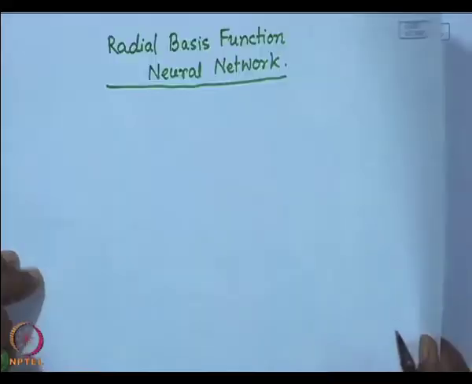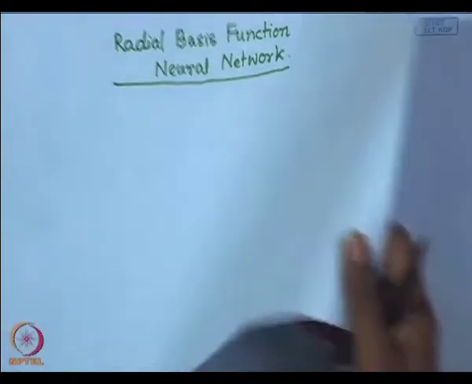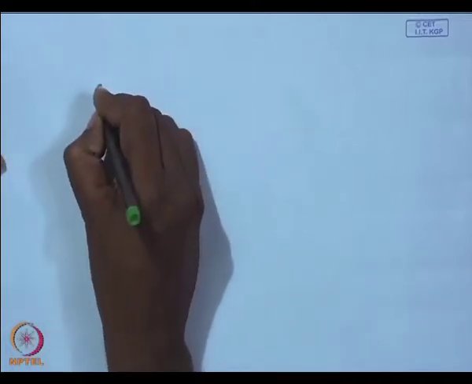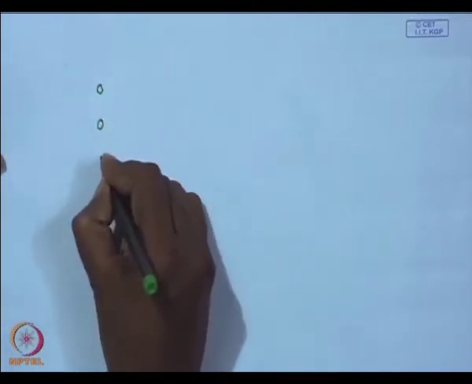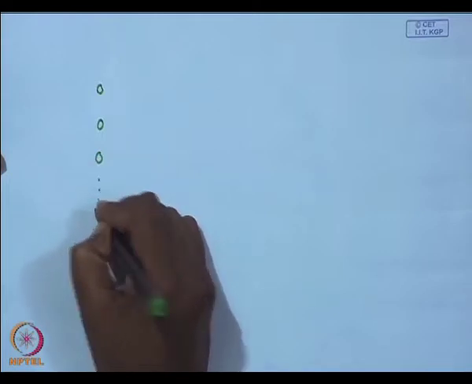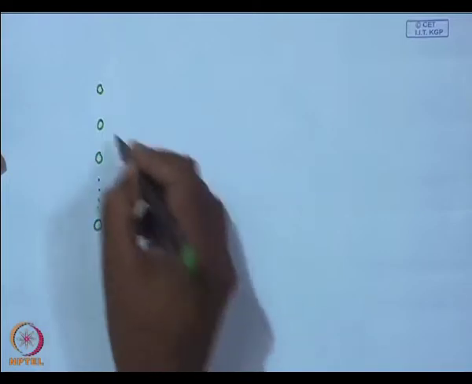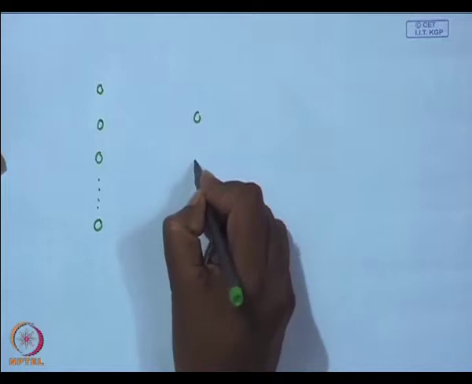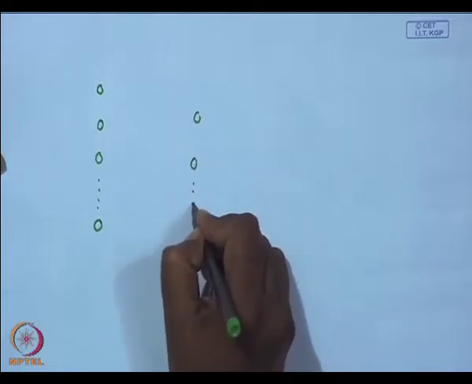So, if I just draw it, in case of a single layer perceptron, the network architecture was something like this. We had an input layer and we had an output layer.